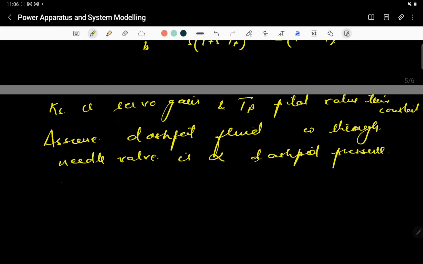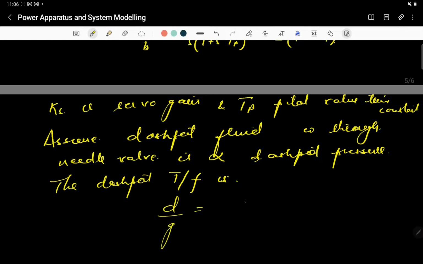So the dashpot transfer function, D upon G, is simply equal to Rt S Tr upon 1 plus S Tr.